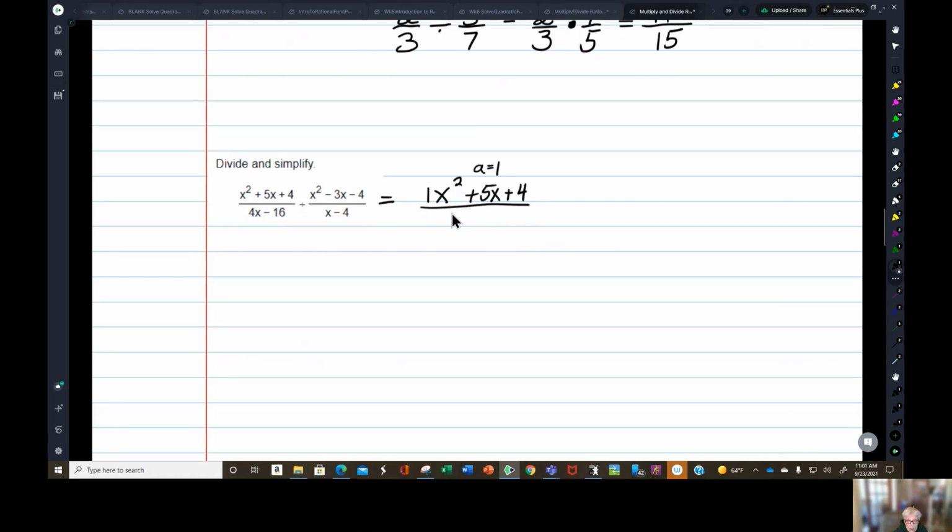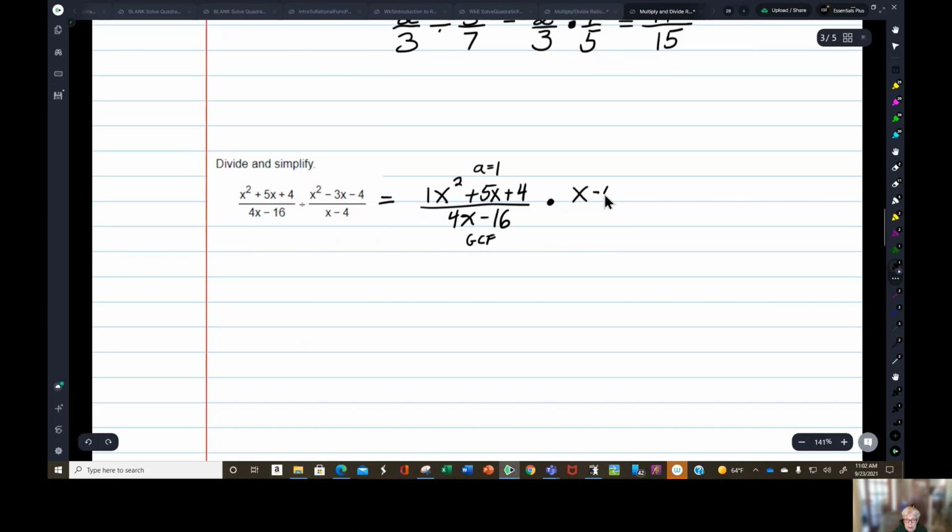Here, 4x minus 16, we'll factor that by GCF, times x minus 4, goes up.